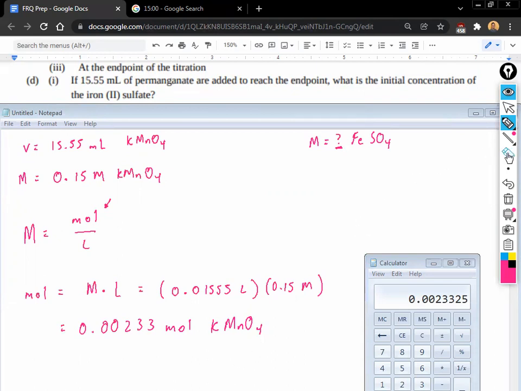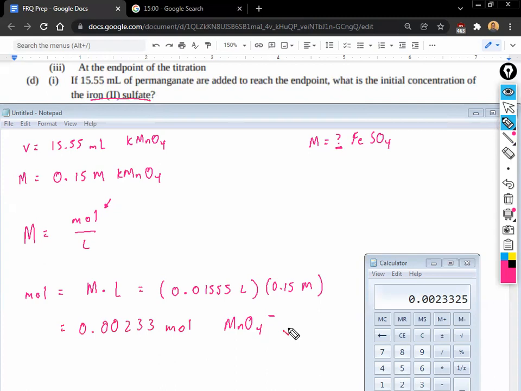Okay, now we don't really care about the potassium because in our net ionic equation, it doesn't play a role in the reaction. We know that there's 1 mole of MnO4 within KMnO4, so we can just eliminate the K. Now, what we're trying to find is the initial concentration of iron 2 sulfate.